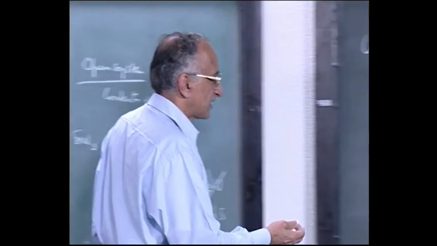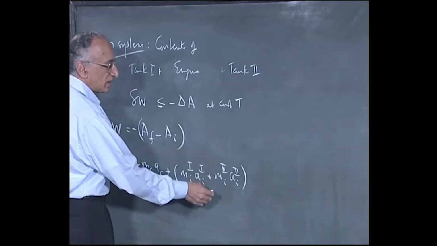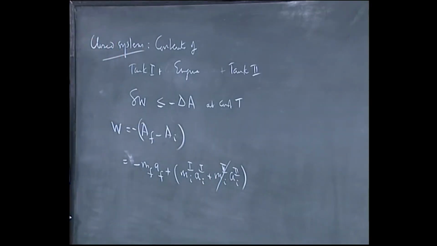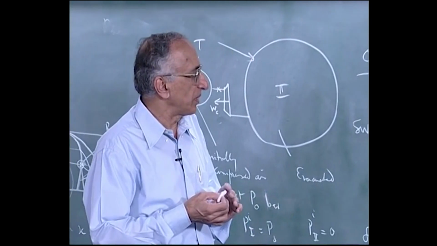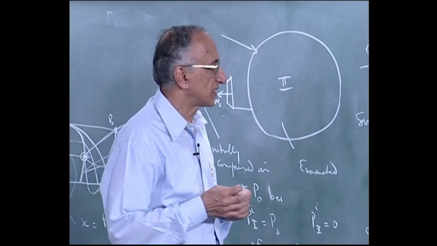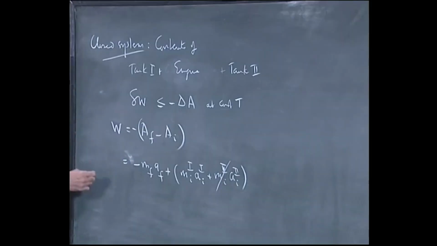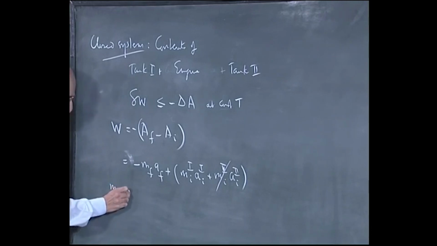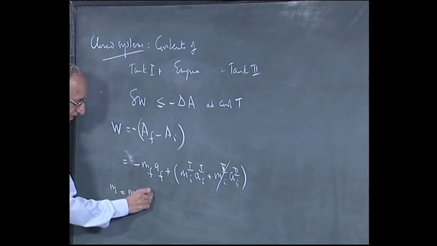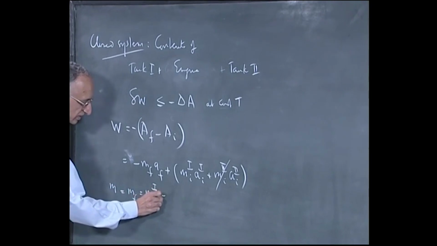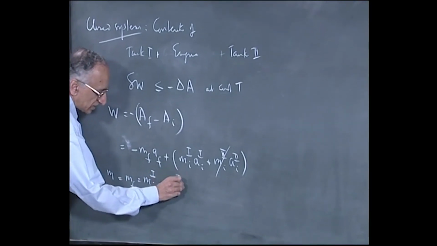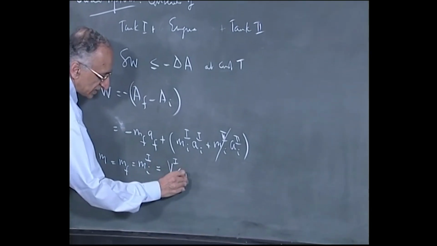In this particular case I have taken the initial mass as 0 here, so I can strike this out, negligible mass initially, I evacuate this cylinder. So I have simply MFAF plus, in this case these two are equal, MF is equal to MI in tank 1, which is equal to V of tank 1 by V initial in tank 1.